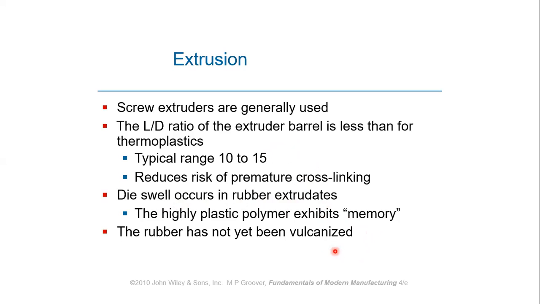And highly plastic polymer exhibits memory. Memory means it goes back to the initial position. Even if you give it a shape, it comes back to the initial position. That is called shape memory. And the rubber has not yet been vulcanized after extrusion, so vulcanization has to be done after. Before extrusion, you cannot vulcanize it, otherwise you will not be able to form the product.